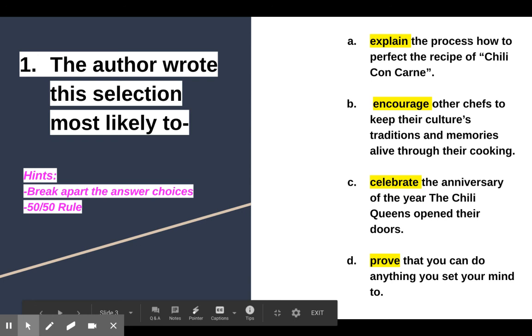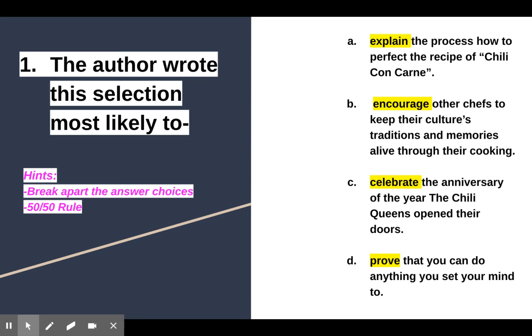It's important that when you are making your answer selections, you follow a process similar to mine or the way I showed you. Remember, break apart the questions the way I did, and then use that 50-50 rule. I'm going to go ahead and give you 2 of the answers that I would take off if I were you.